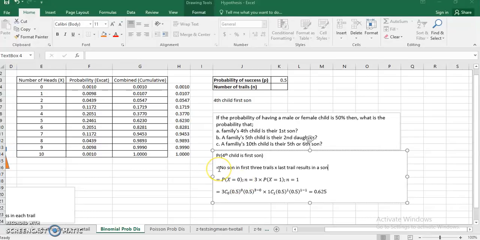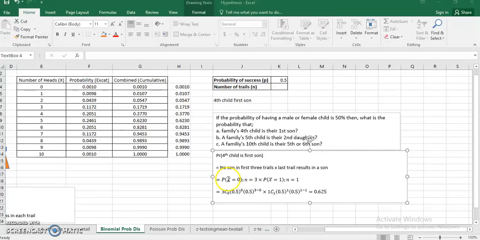So what I'm interested in, if you can relate this text to the notation which I've written down, is the probability that capital X is equal to 0 for n is equal to 3. That means in the first three trials, capital X is a random variable of getting a male or female child. So x is 0, meaning the number of successes, or getting a son, is 0.